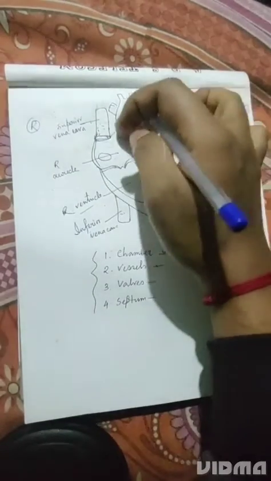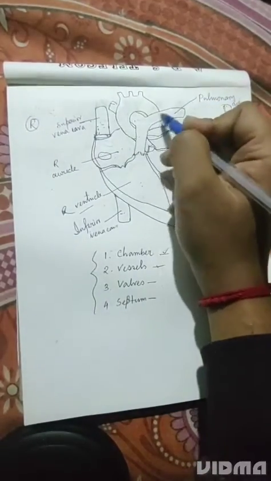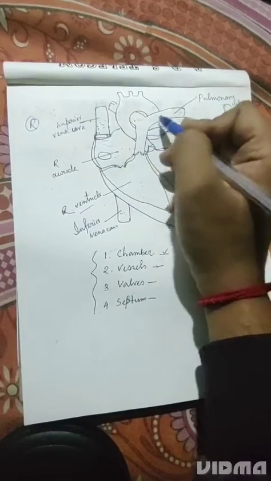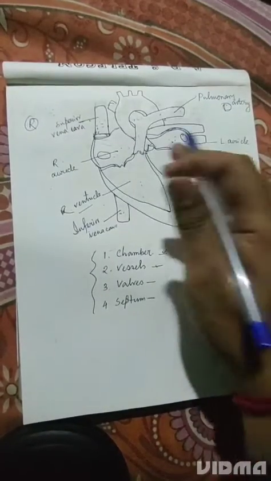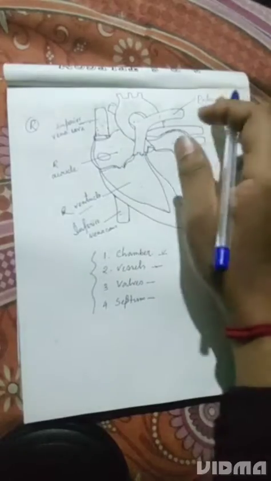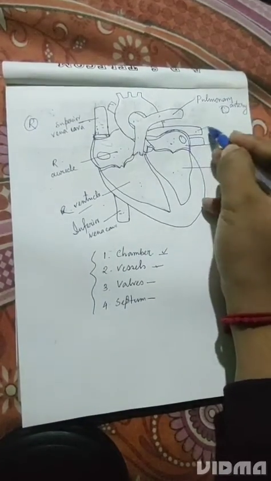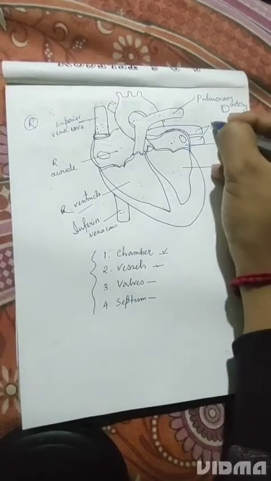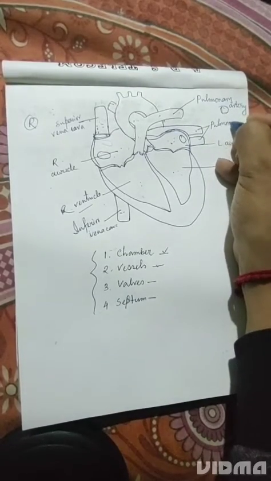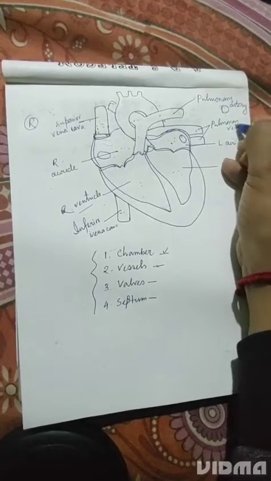This one, not the arc one, the forked one, bifurcated into two sides. So this is the pulmonary artery. Second, coming to the right side, these two are called pulmonary veins.